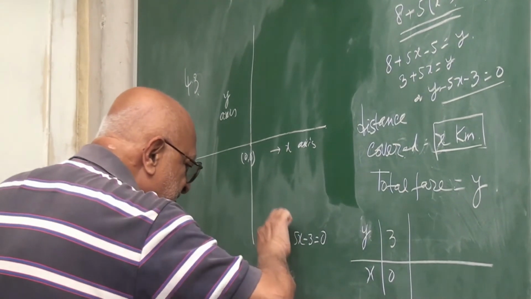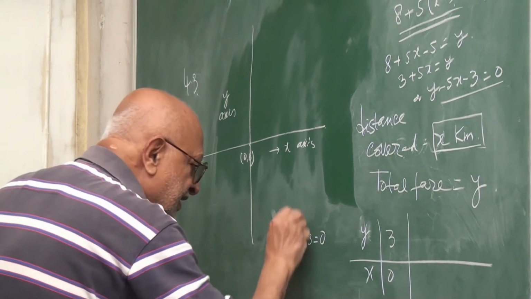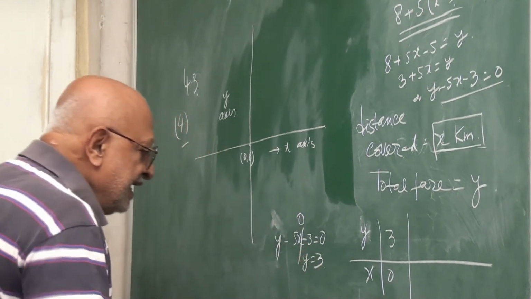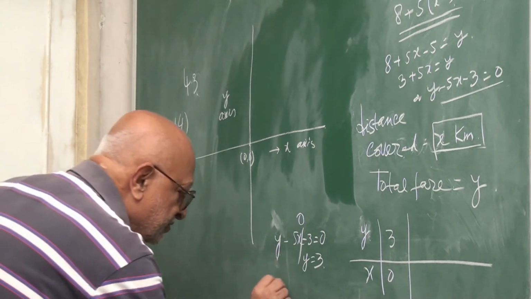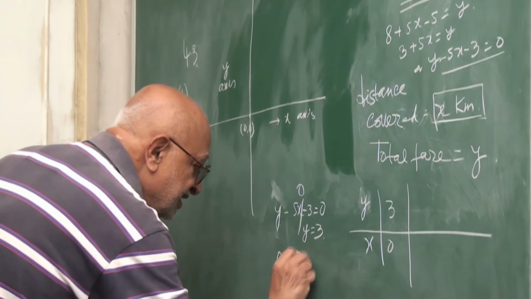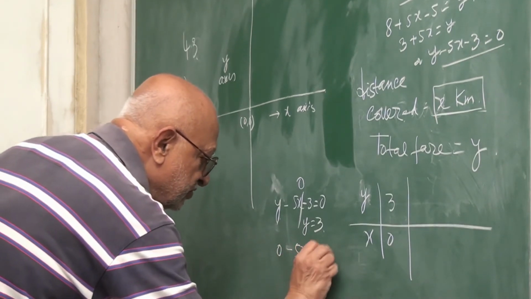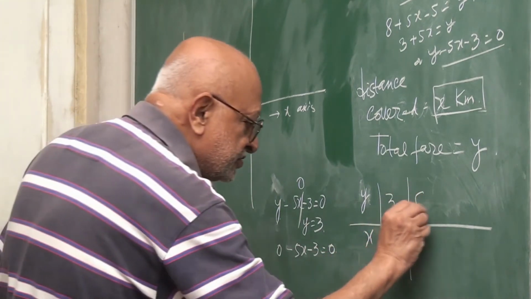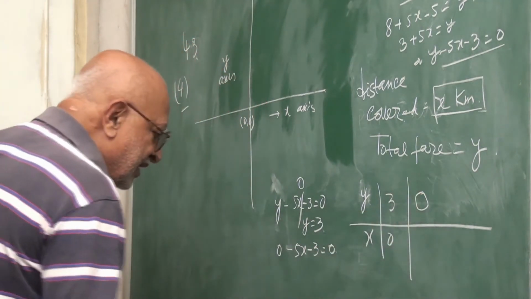Sorry, that will come next time. What I have written is x equal to 0, so y equal to 3. Next I put y equal to 0, so minus 5x minus 3 equal to 0. So this time what have I taken? y equal to 0. So put it down so that I don't make a mistake.